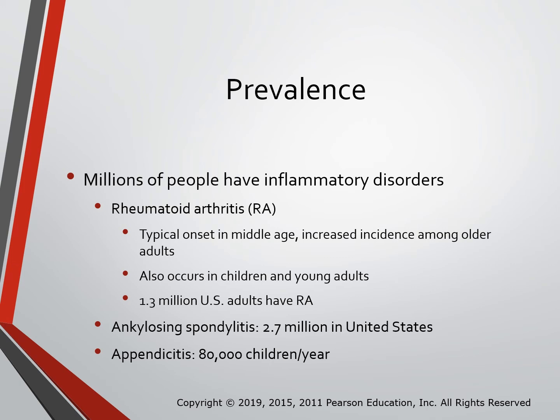An estimated 1.3 million adults, or 0.6% of the population, have rheumatoid arthritis. Ankylosing spondylitis, which primarily affects the spine and the sacroiliac joints, is another debilitating inflammatory disorder. 2.7 million people are affected, and then appendicitis, about 80,000 children or young adults are affected.